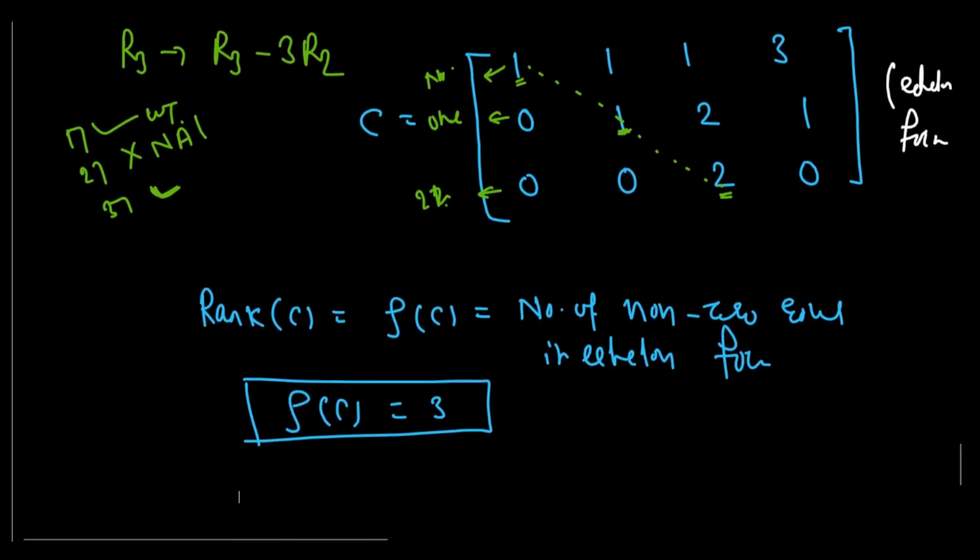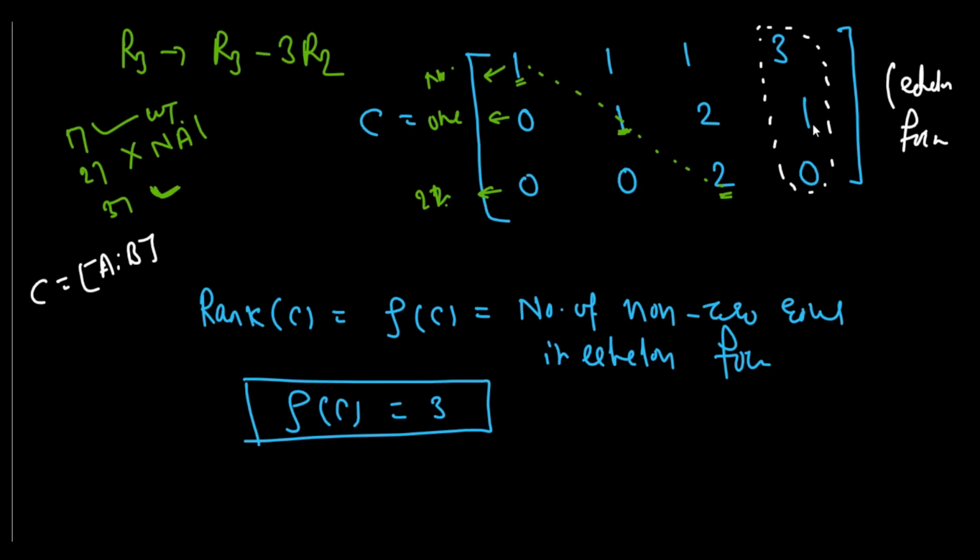Now to compare the ranks, we again obtain the rank of A. Now we know what C is. C is a combination of A and B. B is a column matrix. So if you delete the last column B, there is no B present in this matrix.